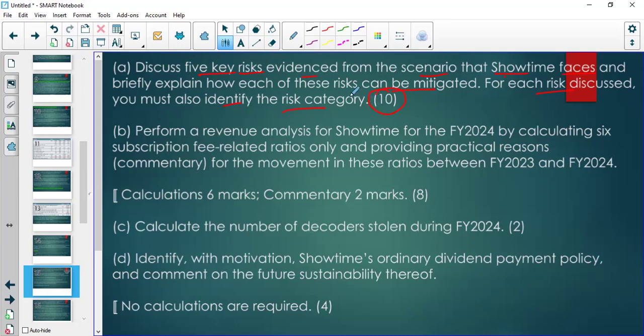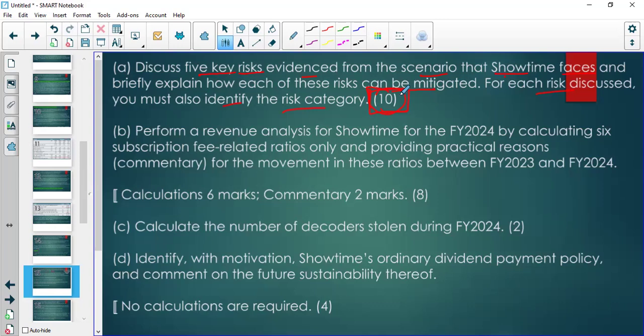And I always say to you that these questions where you have to do a general discussion, you must take these very seriously. The reason is that they are scenario based. There is no principle behind it.